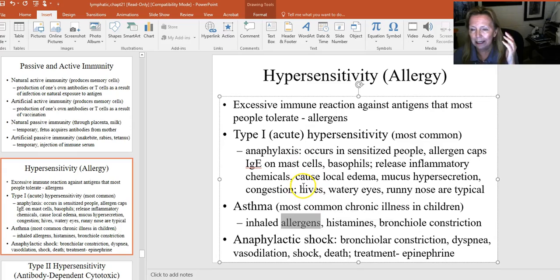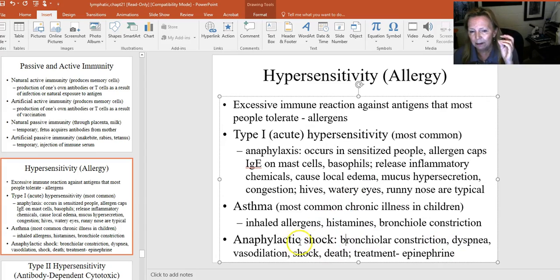It can be anything from ragweed, pollen, dog dander, cat dander, dust mites, anything. And they can cause localized responses, which are annoying, like runny eyes and noses. Or it can actually sometimes be systemic.